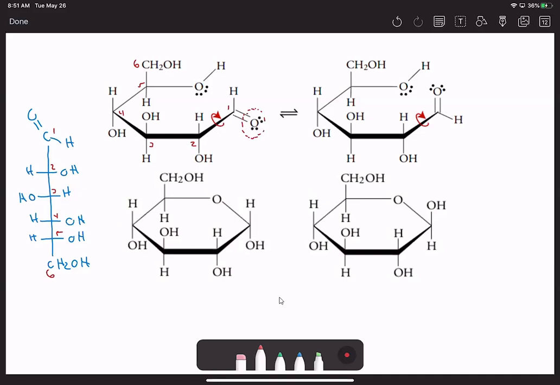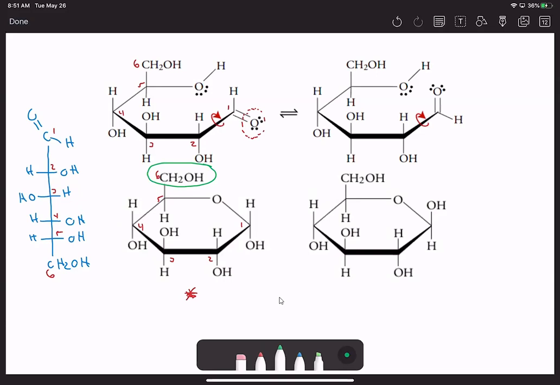That double bond is removed, and it closes up into a structure that we see just down below here. I'm going to number them again: 1, 2, 3, 4, 5, 6. We notice that carbon number 6 is on the outside of this ring.